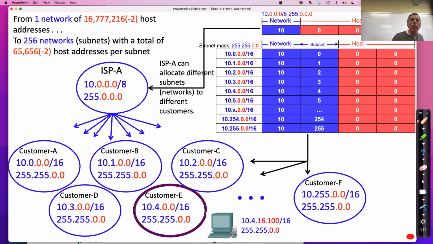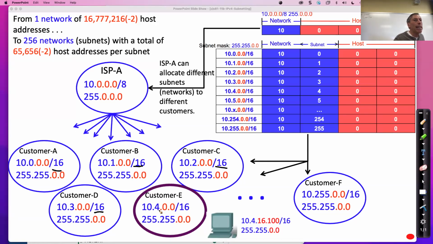All right. So notice, we had created these 256 /16 networks, right? And each one, we just showed, where this customer here can have a network of 65,536 hosts.